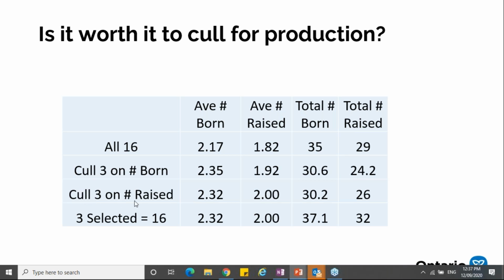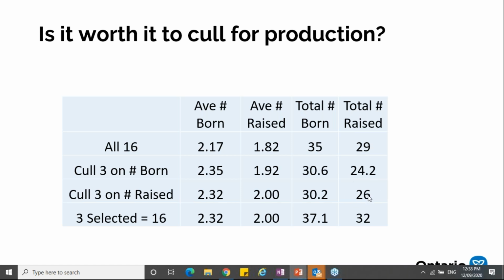If I cull on number raised, I've got these numbers here, and what does that do to what I've actually got on the farm? I've got 30 born, but 26 that were raised. So all of a sudden, I've only got three less lambs, and I had to feed three less ewes as well. So there's a difference going on.